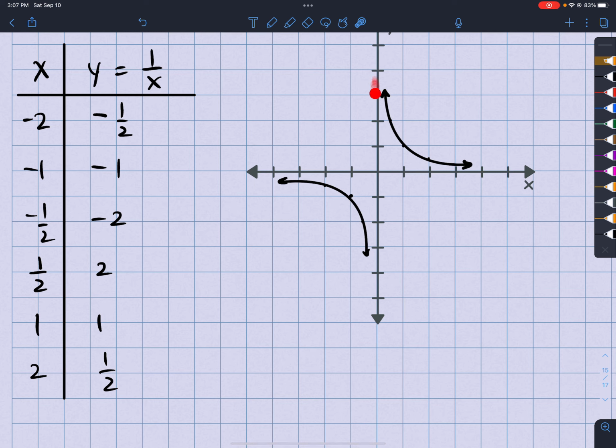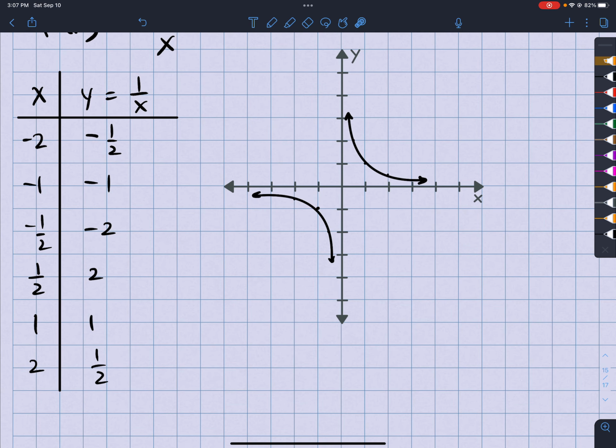So in here, there is not going to be a point. Okay, and there's no way of getting the y value to be 0 either. So that's why there's nothing going to be right there. So I want you guys to understand that this curve right here is only in quadrant 1 and quadrant 3.